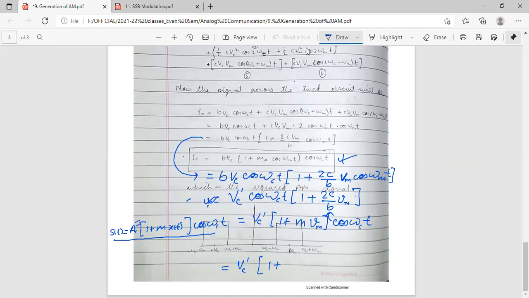So here m is nothing but 2c by b. This can be assumed as the modulation index.